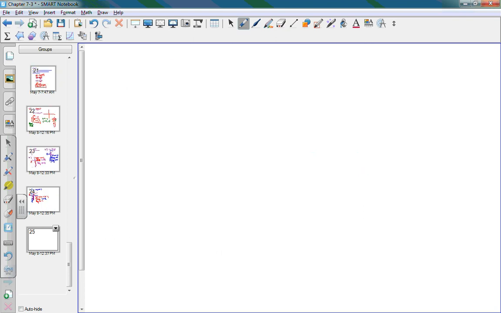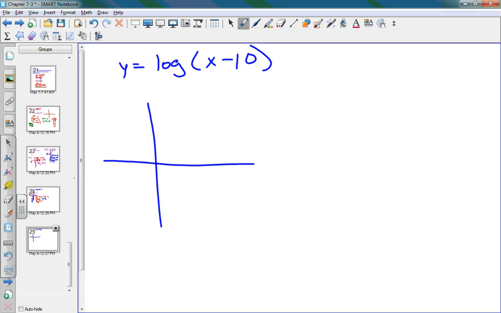Okay, one more that's not on there. What happens there, not plus, minus? What happens there? Becomes x bigger. Where's it go? Right. Goes to the right 10. So if it was at the point 1, 0, where is that going to move it to?